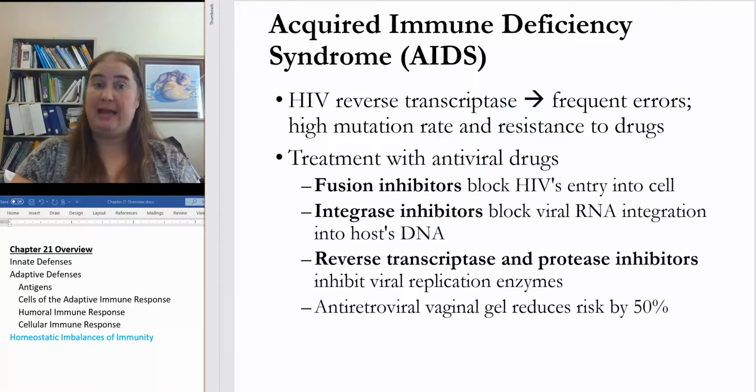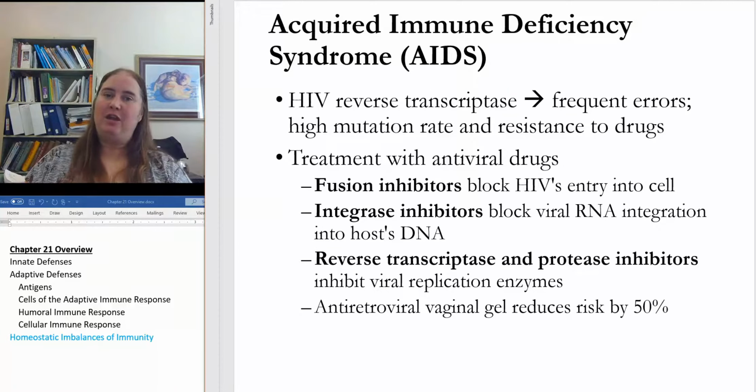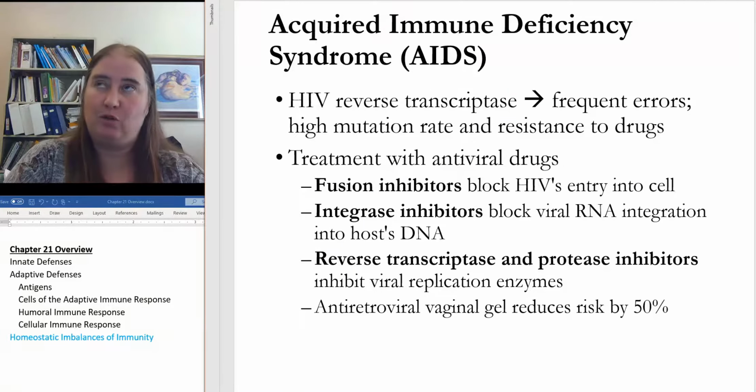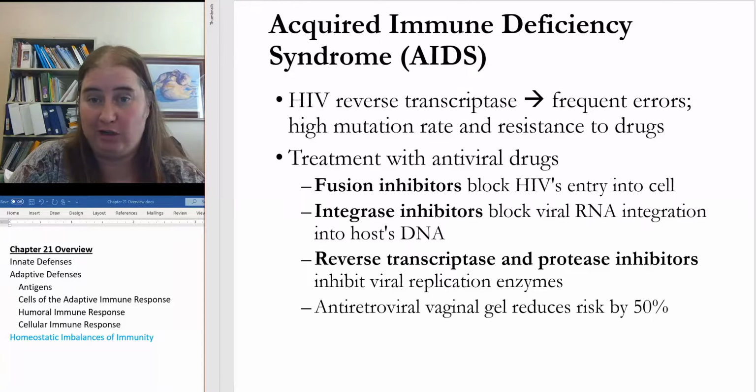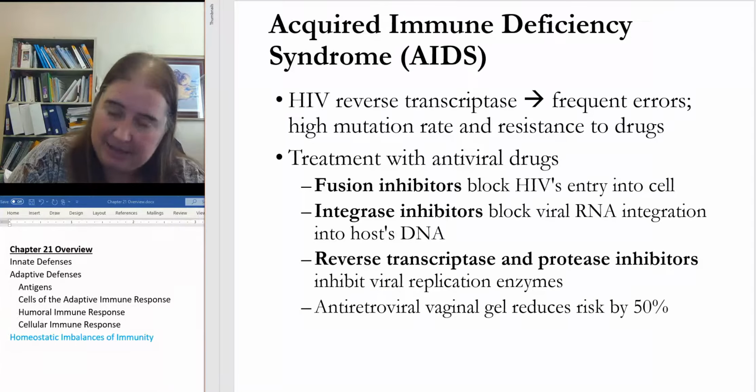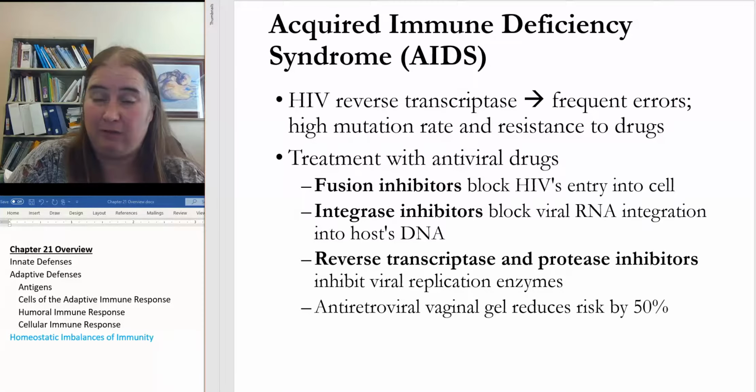With that said, okay, HIV reverse transcriptase, okay, has a ton of errors in it, which is really good for the virus because it makes targeting that first step really hard, okay? Because it has a high mutation rate, it makes drug resistance really, really frequently, okay?